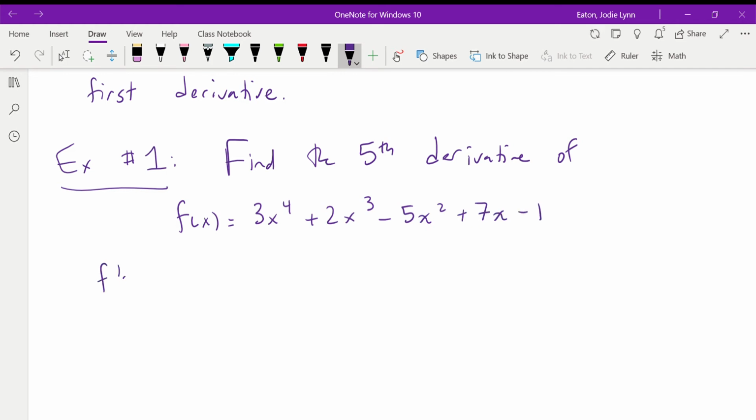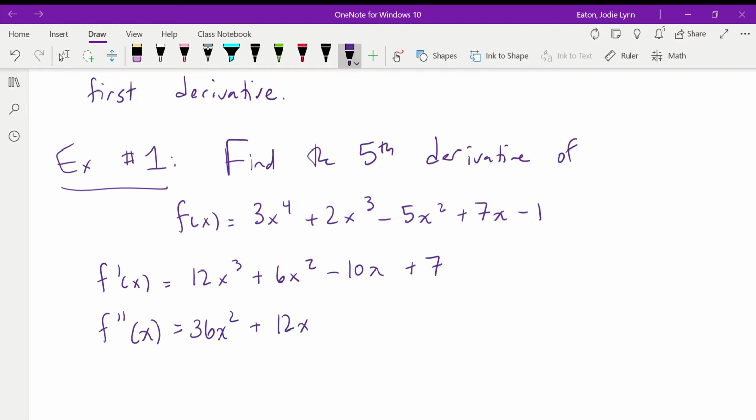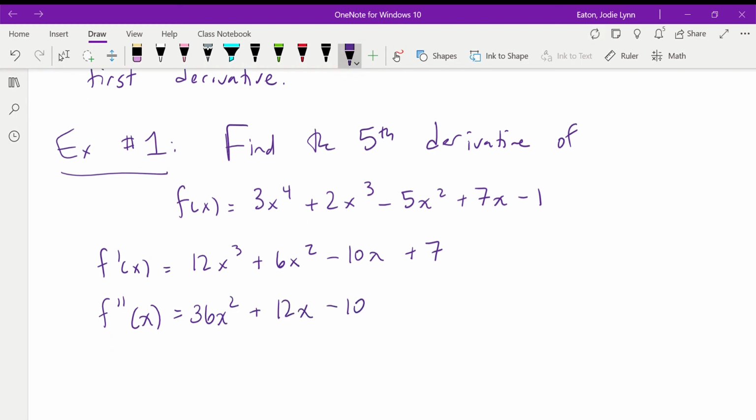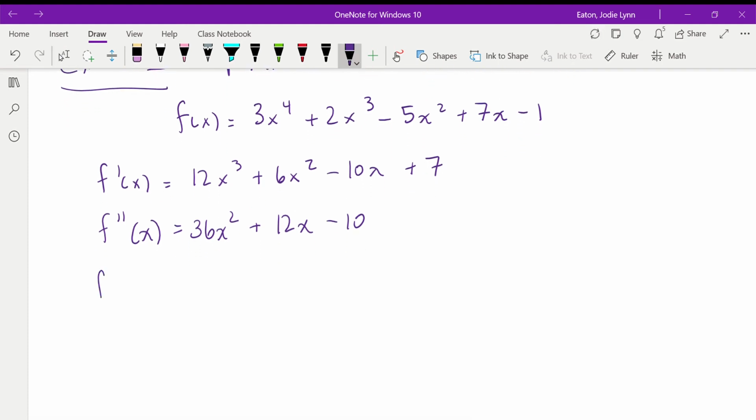So we have f prime of x equals 12x cubed plus 6x squared minus 10x plus 7. And f double prime of x, we'll take the derivative again. So 3 times 12 is 36, so we get 36x squared plus 12x minus 10. And then we will take the third derivative.